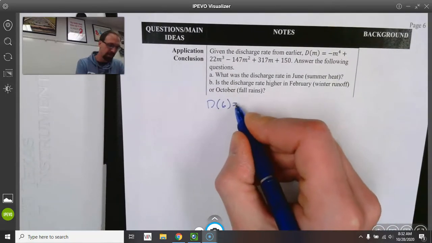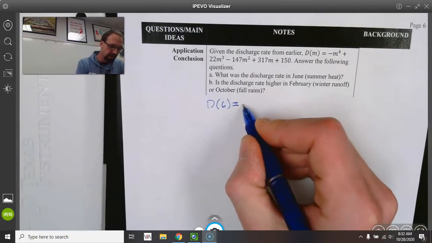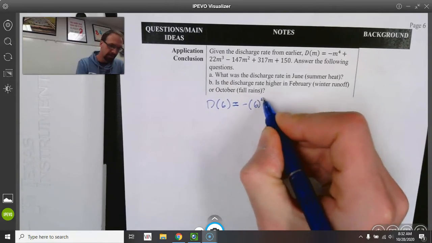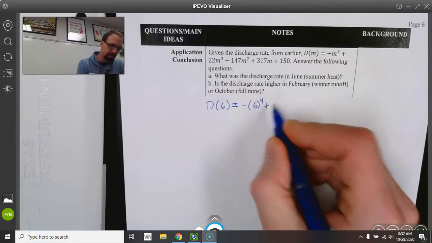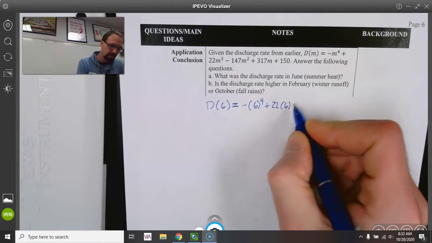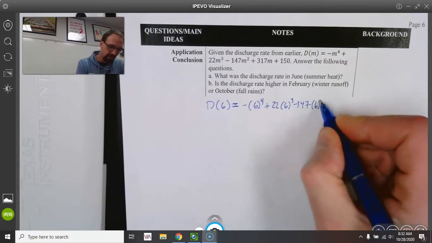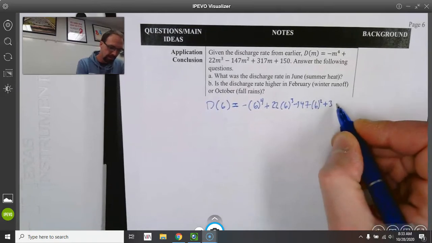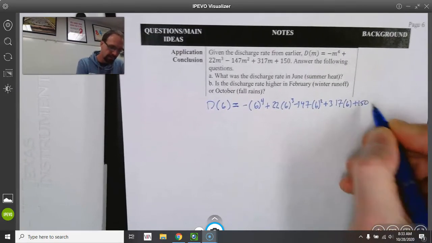Doesn't matter which path we go, because we know that we're going to end up with the same value. So it's going to be negative 6 to the 4th. Notice that that negative sign is outside of the parentheses. Plus 22, 6 cubed, minus 147, 6 squared, plus 317 times 6, plus 150.